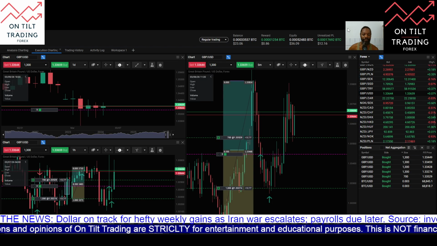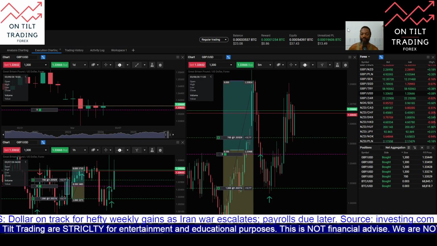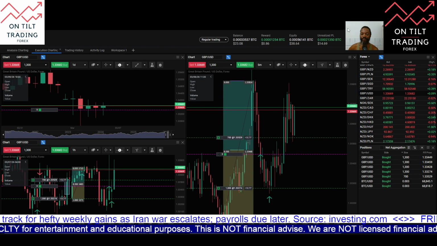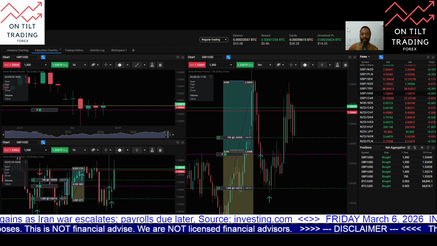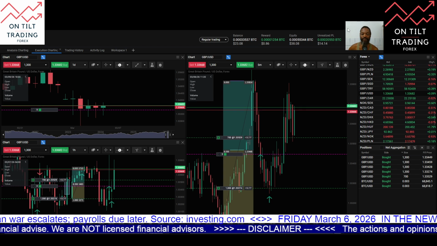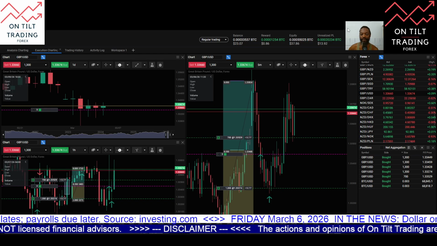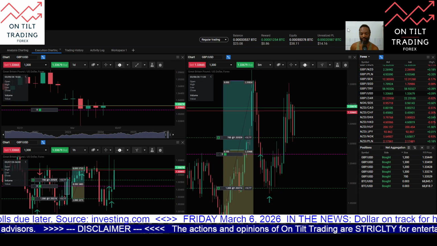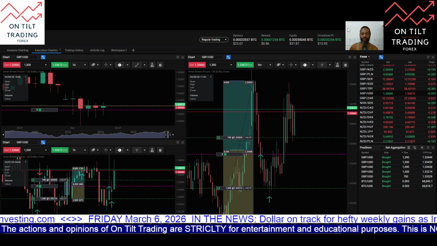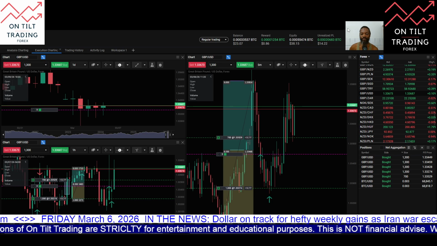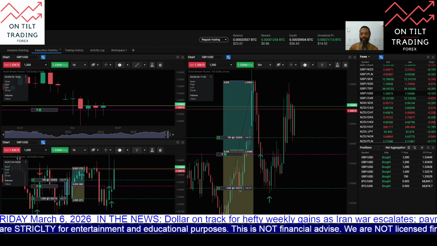So less than 1 minute remaining in this 5-minute candle. 133,650, 133,670. We'll see if price action wants to test the previous 5-minute high in this candle or potentially in the next. As this candle, if it closes in the current range that it's in, would likely be set up for further buy side delivery.